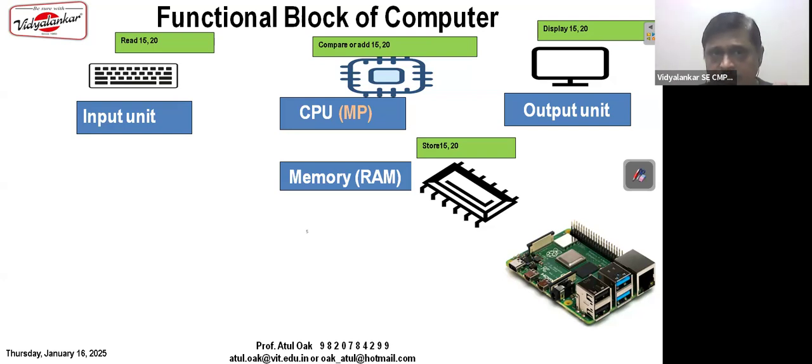Now my question is, can you tell me what is missing in this particular diagram? Can you identify? No component is missing, okay? All devices, all hardware requirements are visible. But still, there is something missing.